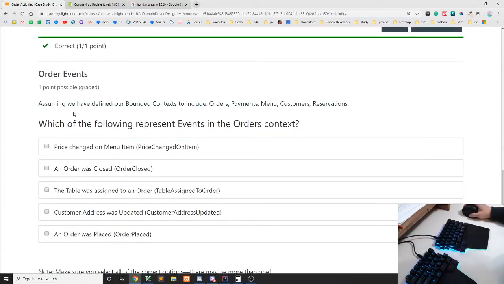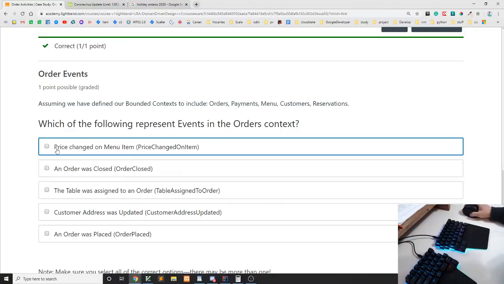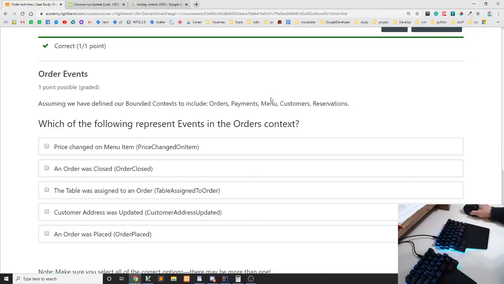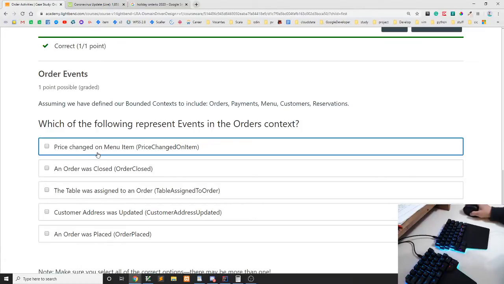So assuming we have defined our bounded contexts to include orders, payment, menu, customers, reservations, which of the following represent events in the orders context? Price changed on menu item. So it says in the menu, price changed on item.